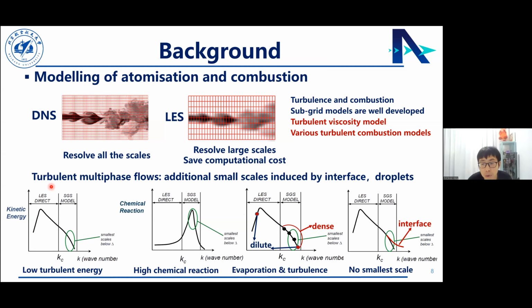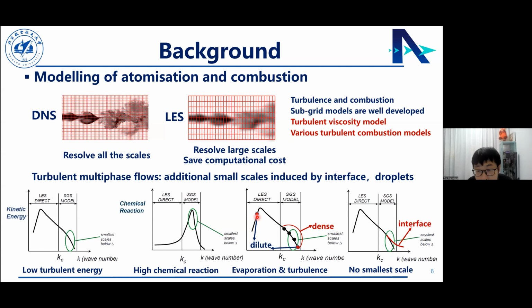And then when we have evaporation, for the dilute regime, usually we will see here is a droplet, here is another droplet, and the distance between them is far. Usually we only have single droplets in one SGS scale or subrange scale.